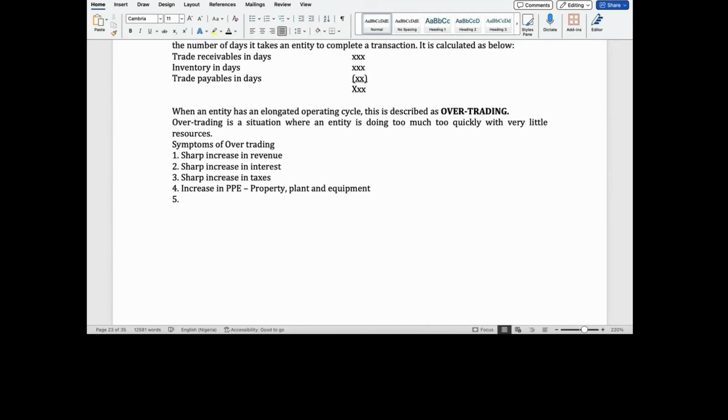Also, you see that they can't even collect their receivables. Receivable balance will go up. Same thing for payables. They don't even have money to settle anybody. So trade payables will definitely be high there. Of course, they will have a negative cash position, in the sense that they are in an overdraft position.